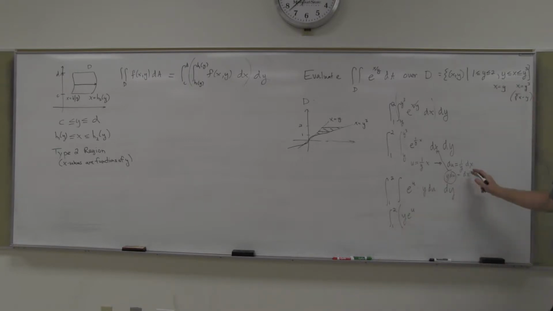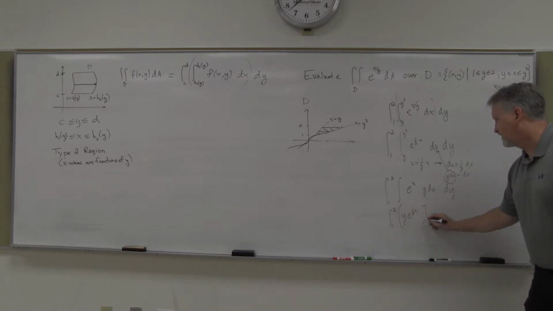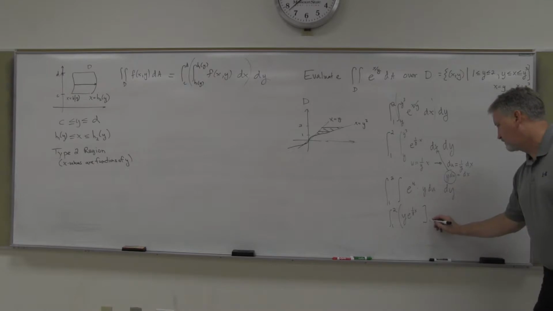Now, let's go back, what was u? u is 1 over y times x, and I'm going to evaluate that from y to y cubed.